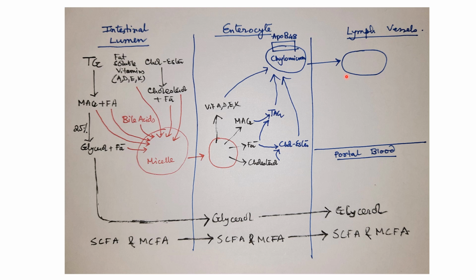Most of the nutrients in our diet that we eat go through our intestine to the portal blood and then to the liver first. But lipids mostly are an exception, where they get into the lymph vessels and then systemic circulation first, in the form of chylomicron. The only exception being a little amount of glycerol, and whatever small chain and medium chain fatty acids are there, they can directly get into the portal bloodstream.